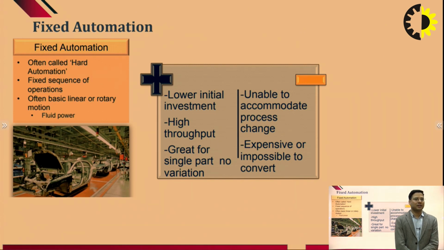The operation is a fixed sequence operation, involving some linear actuation or rotary actuations, where in linear actuation the operation is carried out along the axis, along the line of operation. This automation has certain features, like the investment was initially lower, since we have only the basic machines.